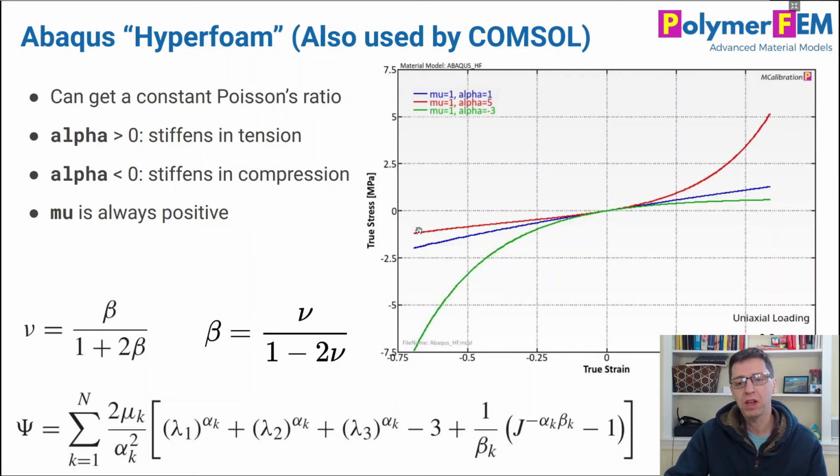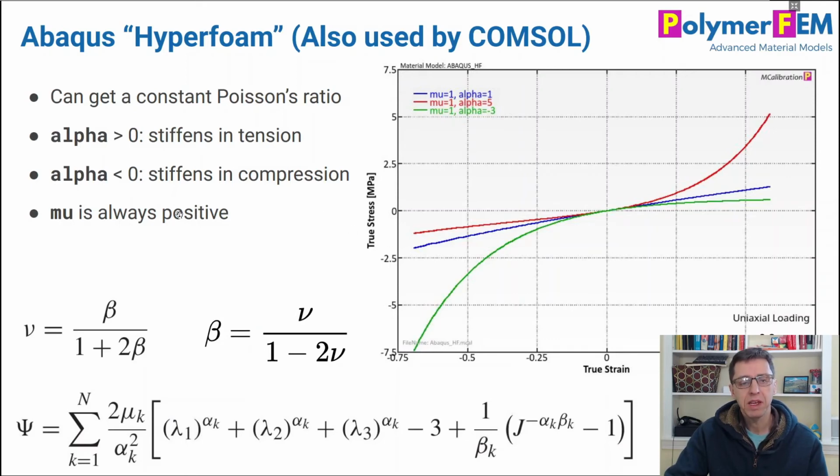So that gives you this asymmetry between tension and compression. But if you make alpha less than -1, you get the curve that is concave downwards in compression and flat in tension. So you can tailor the response in that way by picking these.